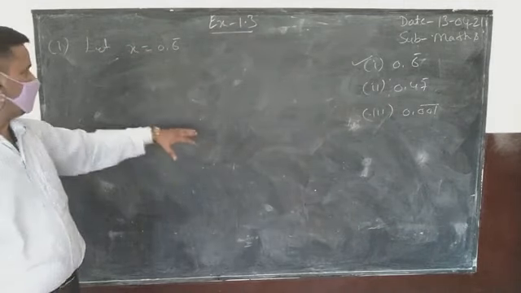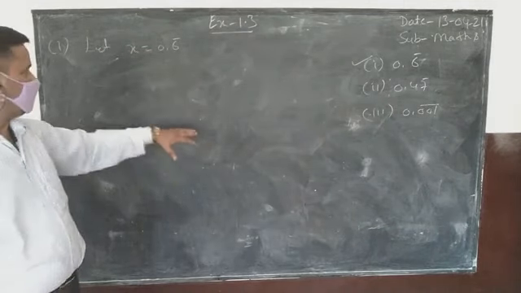So here we write multiply by 10. If three digits are without a bar, then you multiply by 1000.